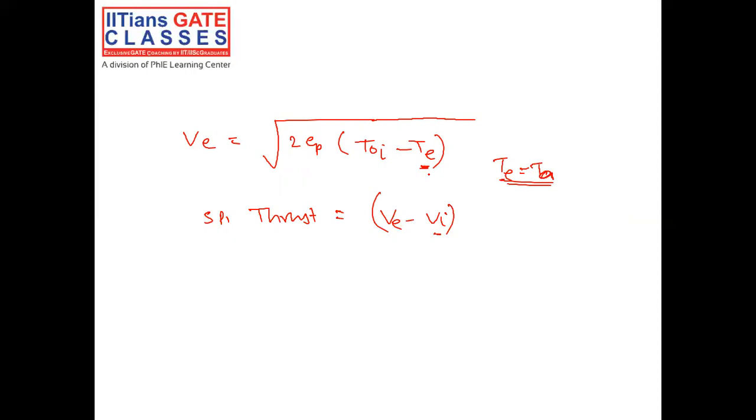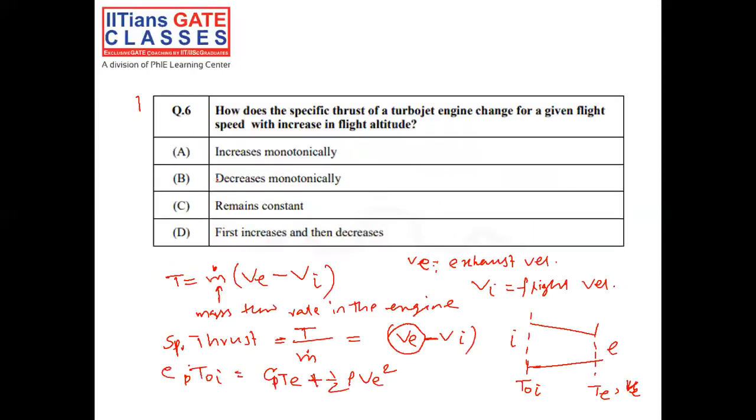As the altitude increases, ambient temperature decreases, so Te decreases, and as Te decreases, the exhaust velocity increases. If exhaust velocity increases, then from this equation specific thrust will also increase. So with increasing altitude, specific thrust will increase. This is the correct option, increase monotonically.